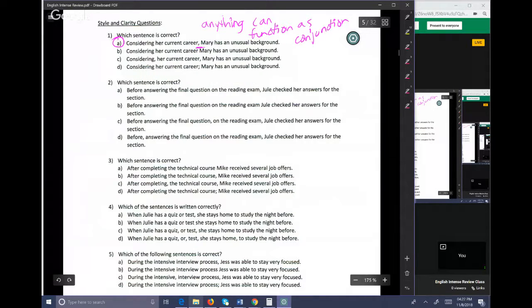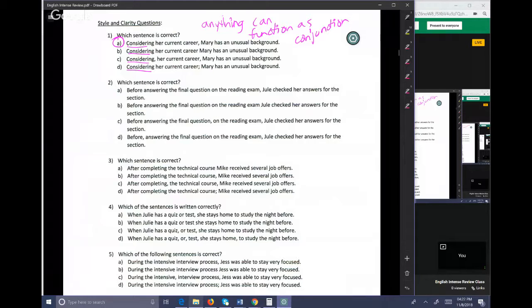So when you have a conjunction that's at the beginning of the sentence, you have to determine where that first thought ends and where the second independent thought begins. That's where you're going to put the comma. If the conjunction is in the middle of the sentence, then the comma goes right ahead of the conjunction. So that one is going to be A.